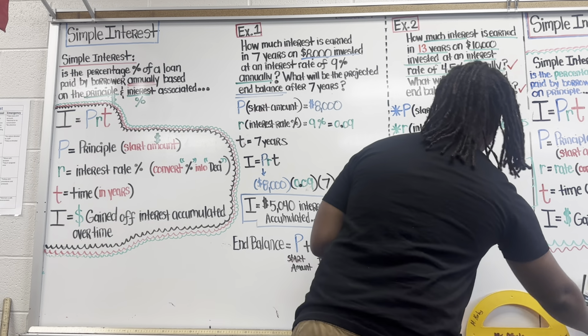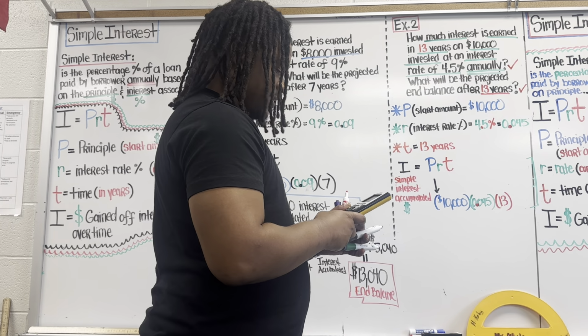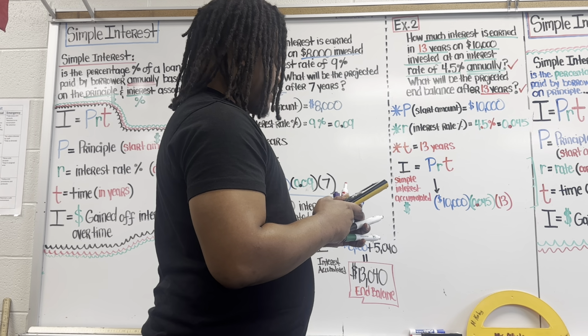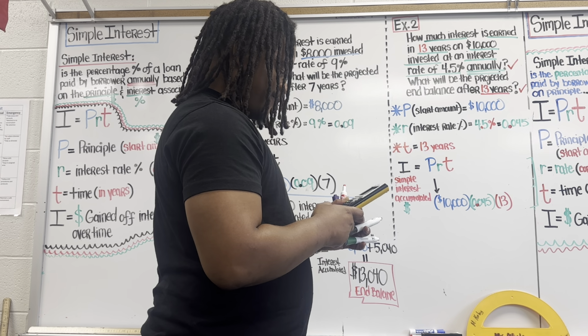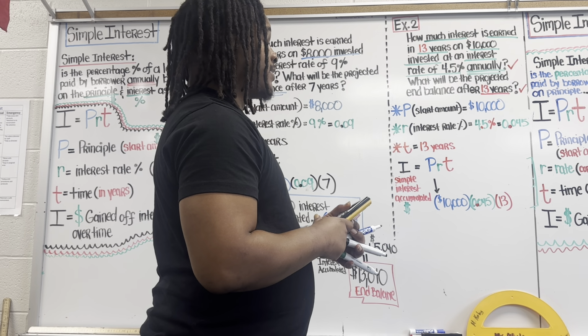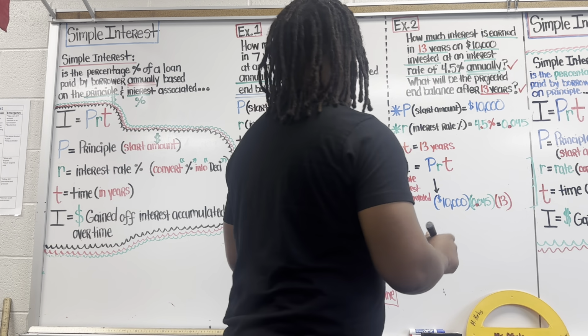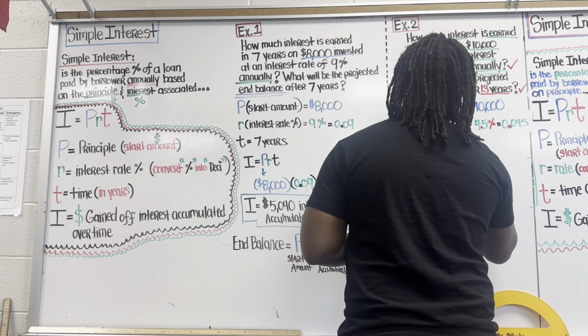So all we have to do is get a calculator and multiply those three numbers together. So I'm going to do 10,000 times 0.045 times 13.